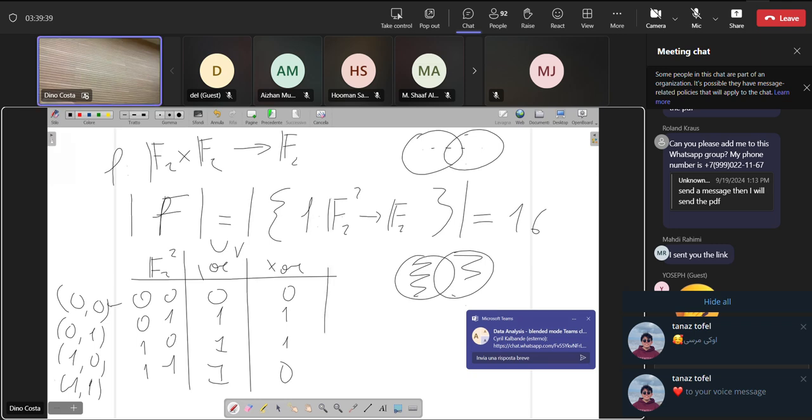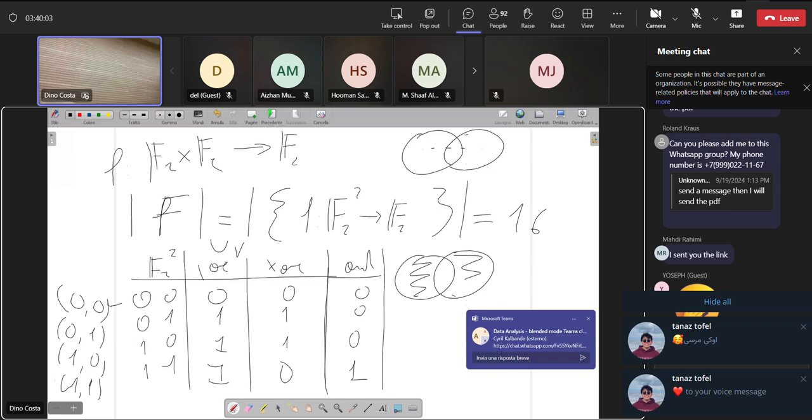Another one is AND. AND is true if and only if both inputs are true. And this is obviously logical.